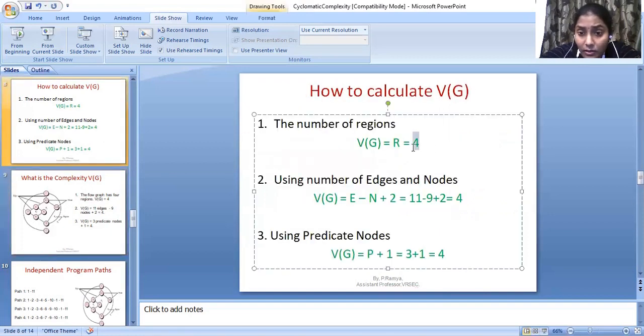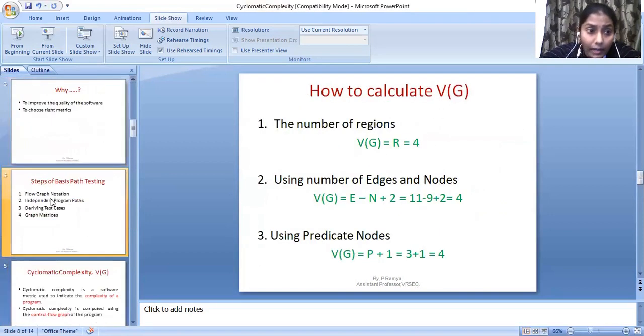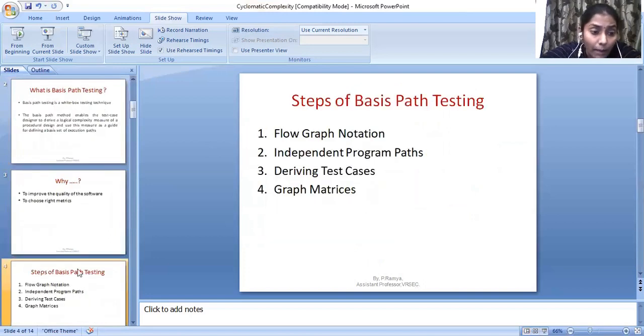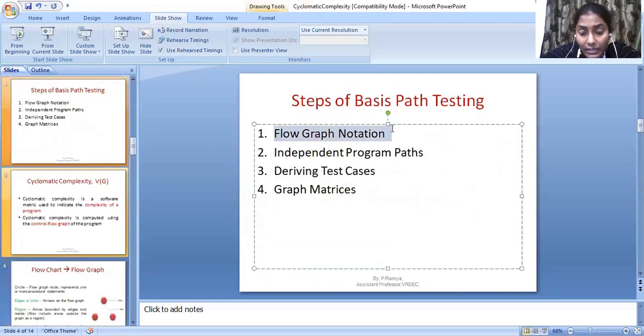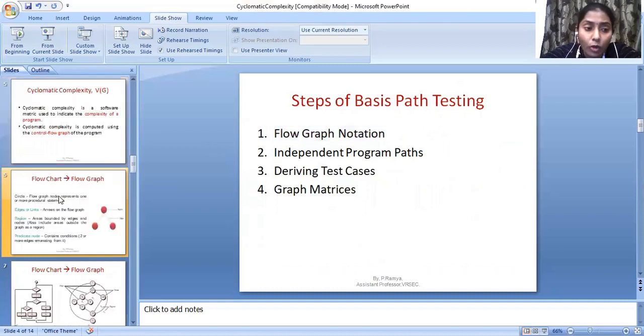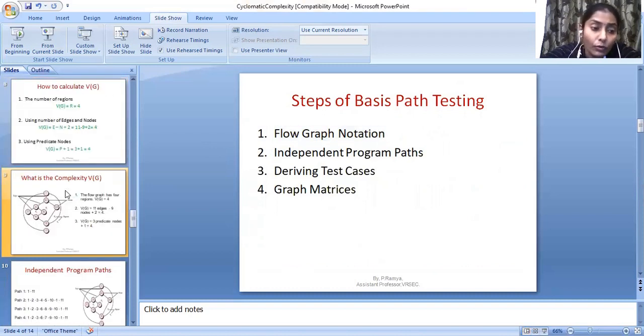This is the complexity of our code, and the first part of the basis path testing is completed. We have converted the flow chart to a flow graph. Next is to derive the independent program paths. How many independent paths will be there in our piece of code? How do we know?